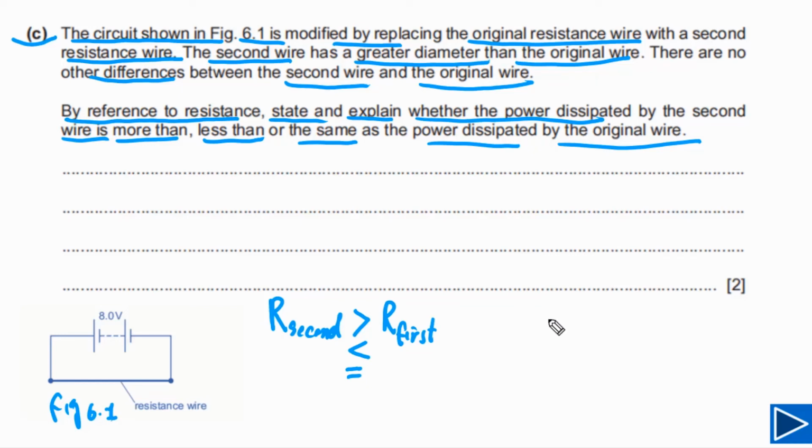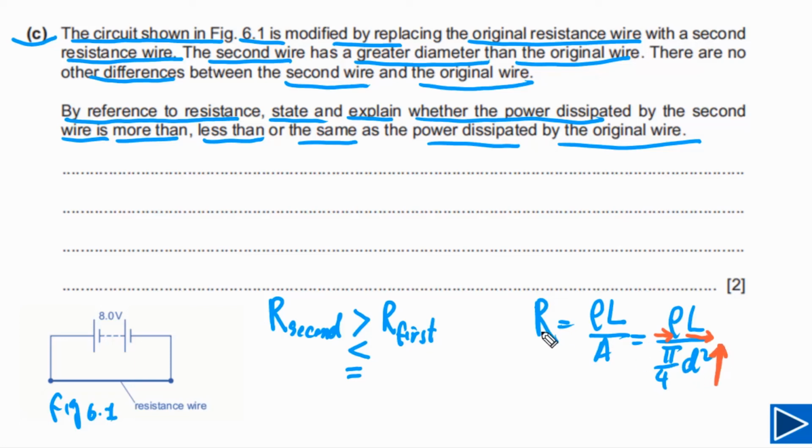For the second wire, it is given to us that the diameter is greater. So we can write down resistance is equal to rho L by A, and A is the cross-sectional area. We can write down cross-sectional area is equal to pi by 4 d squared. The second wire has the same resistivity, and the length of the wire is also the same, but the diameter has increased.